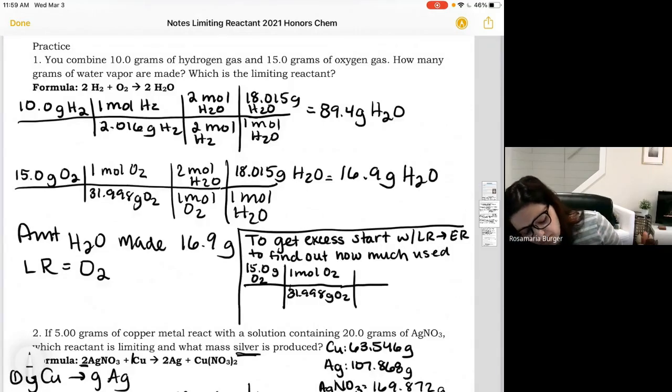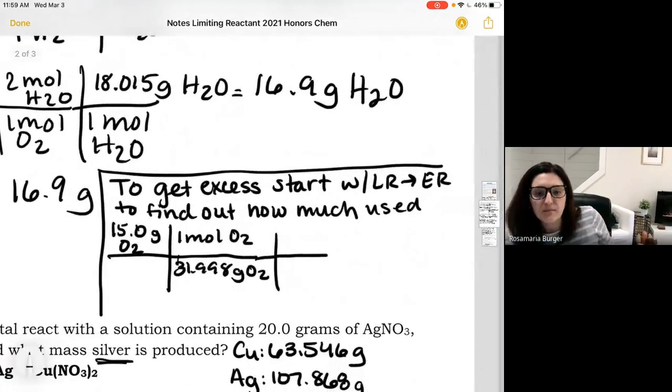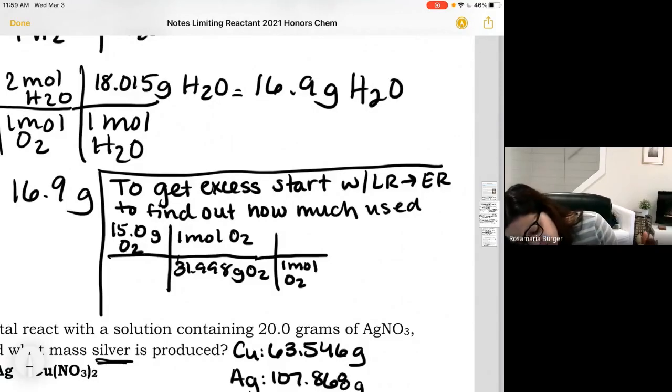I'll zoom in here. Okay, and for every 1 mole of O2, we use up 2 moles of H2 in this equation. And for every 1 mole of H2, it's 2.016 grams of H2.